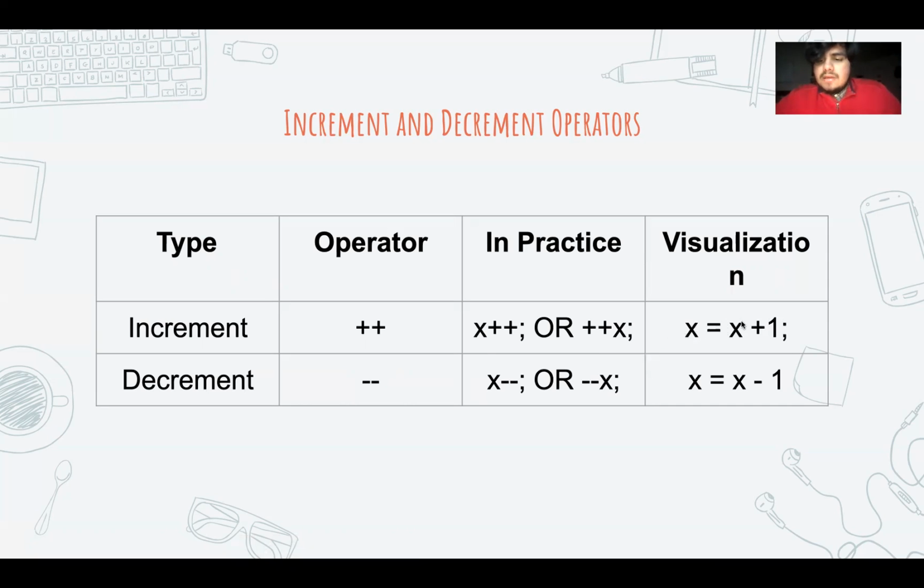So technically speaking, they both do the same thing, right? But the thing is how it's interpreted and in what order it's interpreted. I'll show you how the distinction between them works. Decrement is the same thing, right? There is a distinction between whether you put the double minus sign before or after the variable or the number that you have. And then that is equal to x is equal to x minus 1.